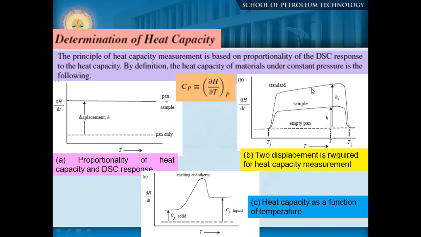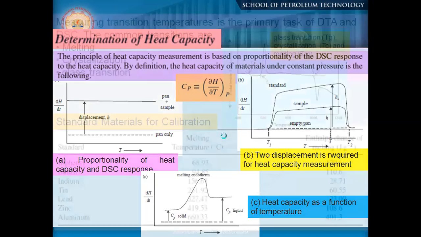So the standard is here, and your sample is here. You can easily understand that heat capacity is a function of the heat input of the system. Once you give a heat input, it will automatically change. So by calculating, we can understand how a system changes when we put in heat input.